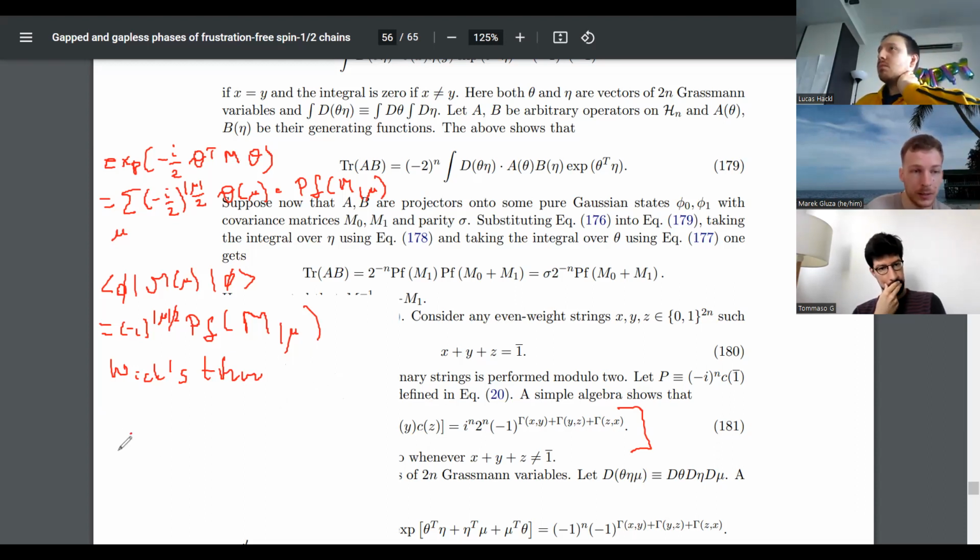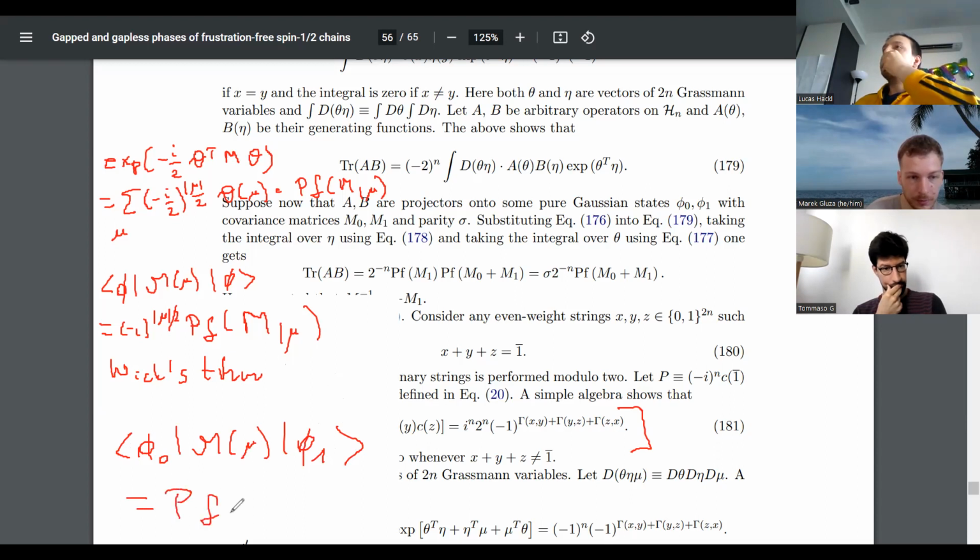And now the question is, what happens if I take phi 0, again M of mu, but then I don't repeat the state and I take phi 1. And this is what they will compute today. And this will be some Pfaffian of some delta of mu, where mu is x in this paper.